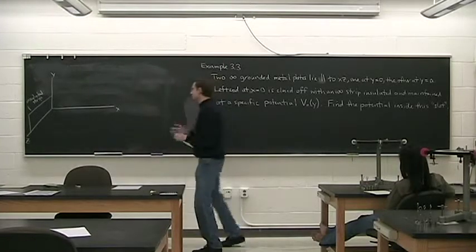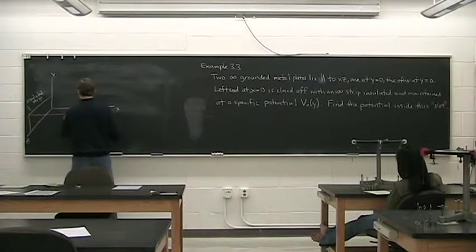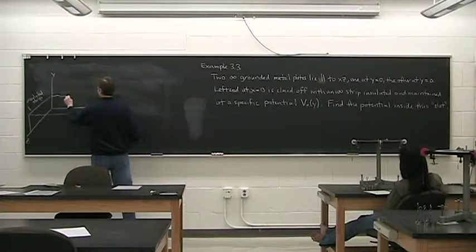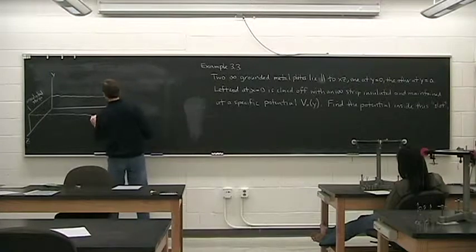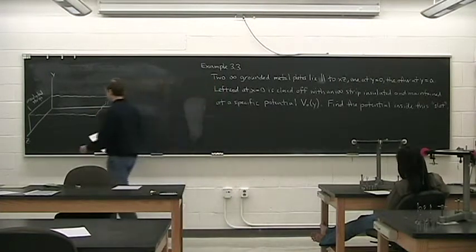The one sticking out is the z-axis this time. We make the edges crinkly to say it's going on forever, and we're just showing part of it.